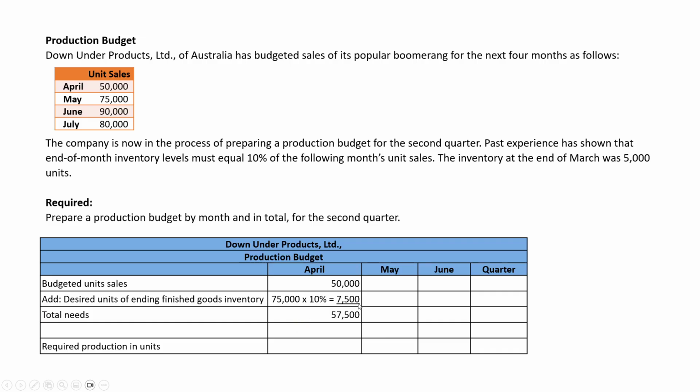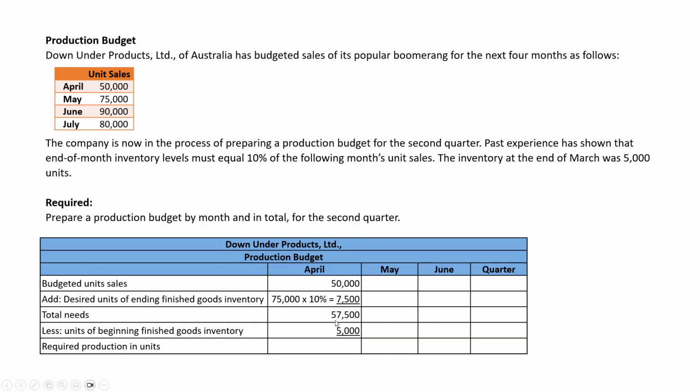So our total needs between the sales of $50,000 and desired ending inventory of $7,500 is we would need a total inventory needs of $57,500. But we don't stop yet. That's not exactly what we need to build. We need to keep in mind and subtract out if we have any inventory already on hand, that's that much less that we have to build.